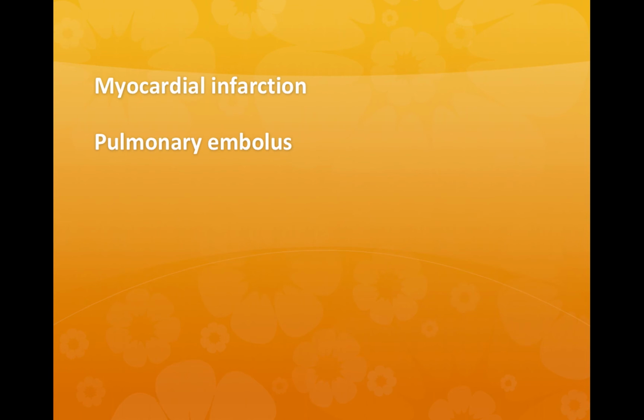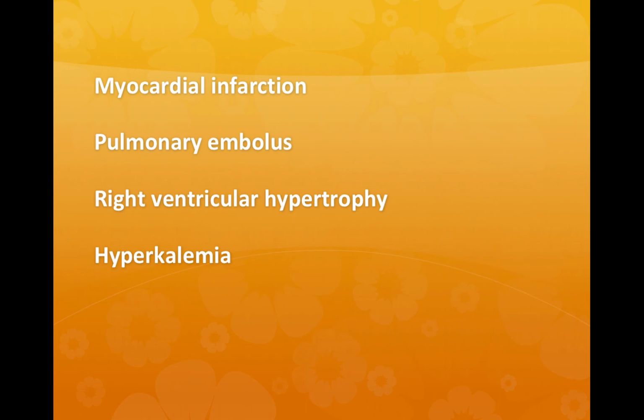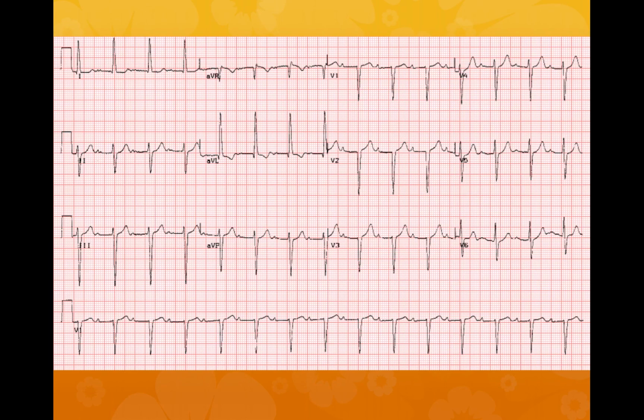Say if someone has chest pain, shortness of breath, a DVT, or maybe a malignancy, and you've got a new onset right axis deviation, you definitely want to rule out PE. Another example is right ventricular hypertrophy, say for example due to chronic pulmonary disease like COPD, and of course hyperkalemia, and also fascicular blocks and bundle branch blocks as well.